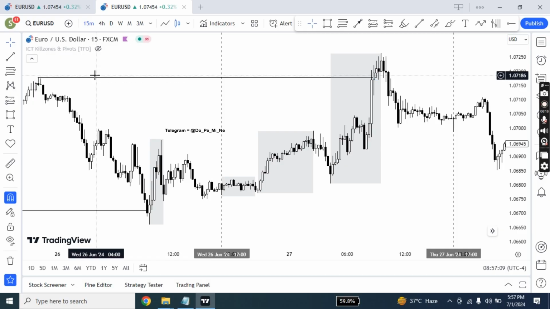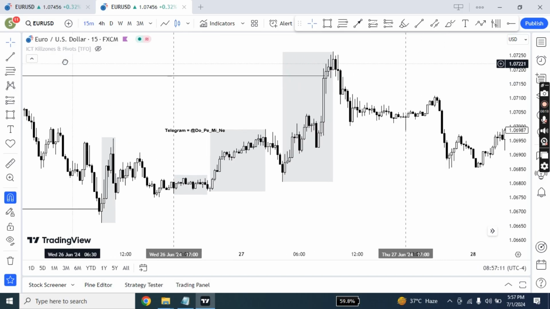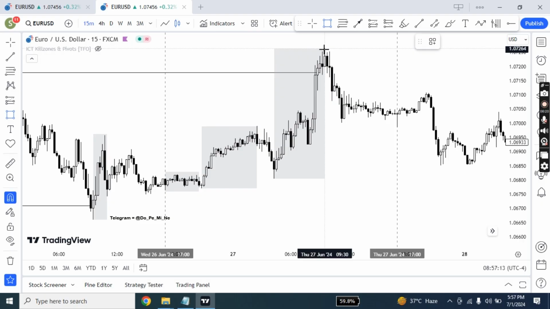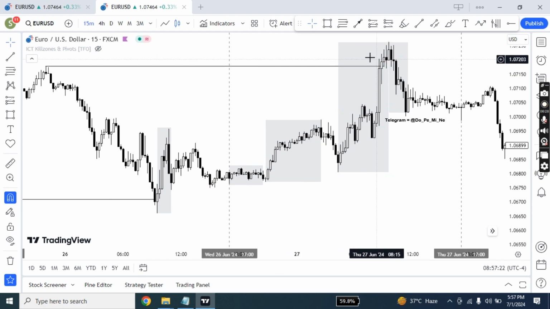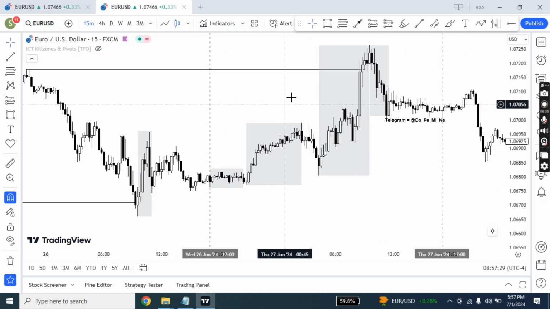So what that means is now you can expect what? You can expect a reversal profile, right? And that's exactly what happened. After price with this expansion tested this key level right here, this 4-hour range high, and closed inside of it, we're now going to expect a reversal profile from here.